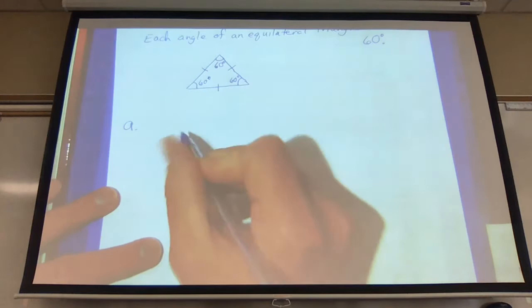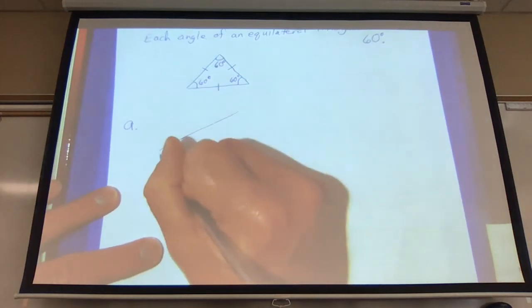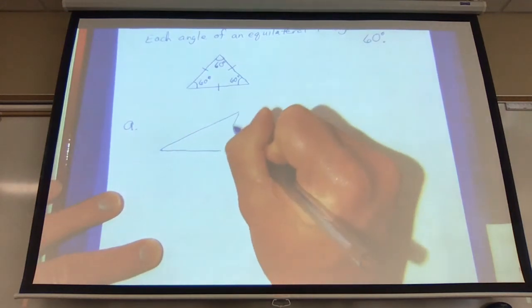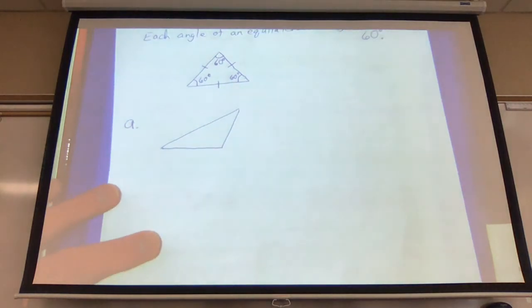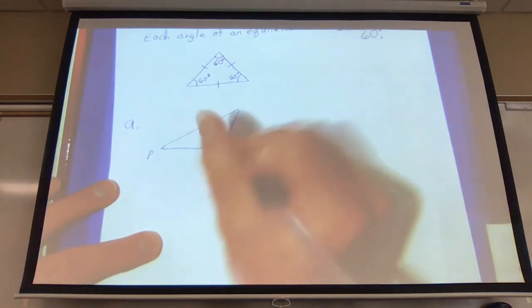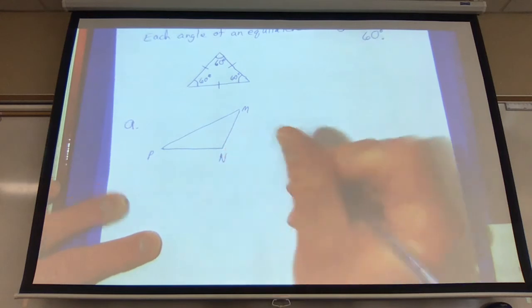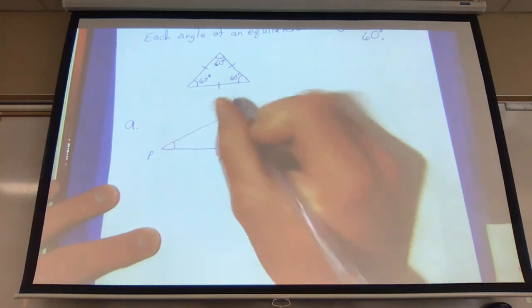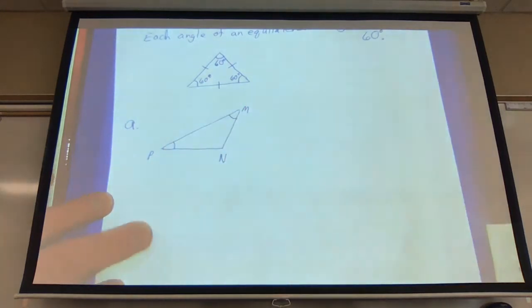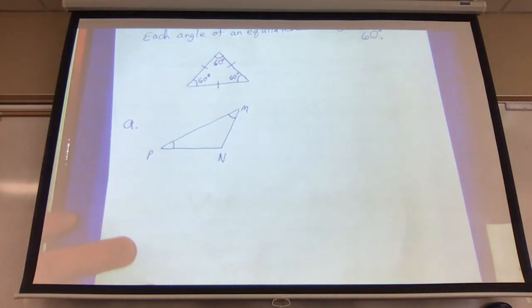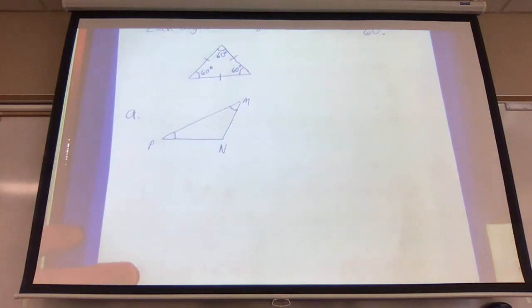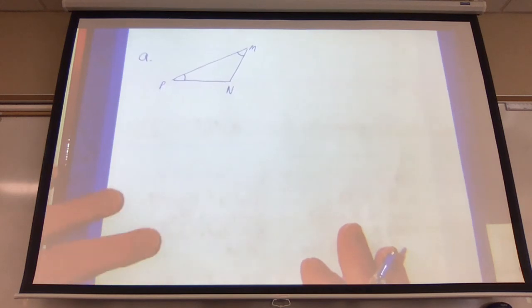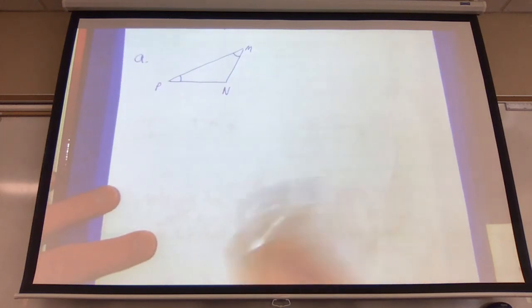And on letter A, let's start with our picture. We have a triangle. It's triangle PMN. And in the picture, they're going to tell us that angles P and M are congruent to each other. And they're going to give us two things in here.